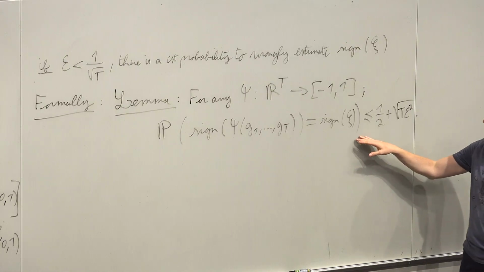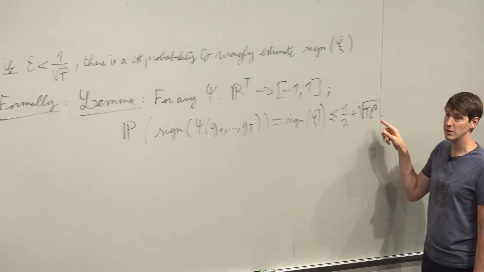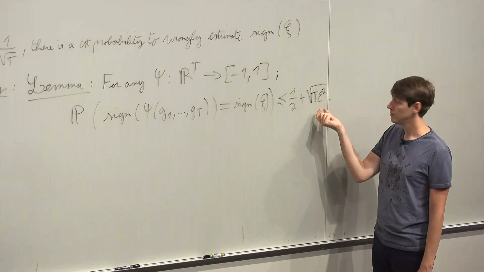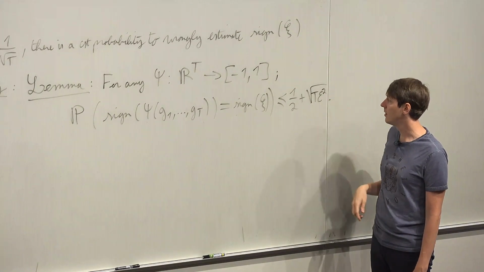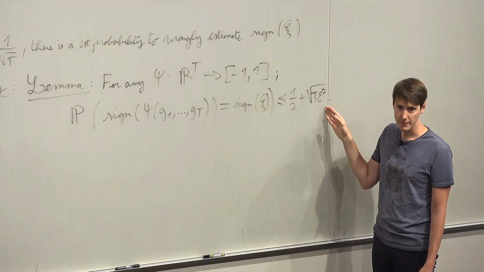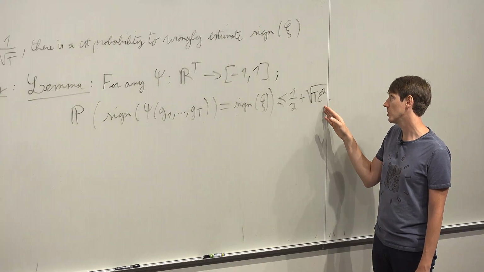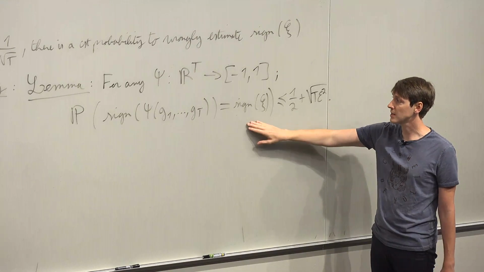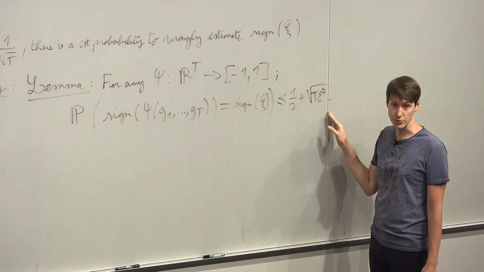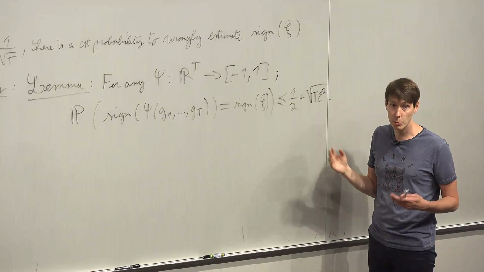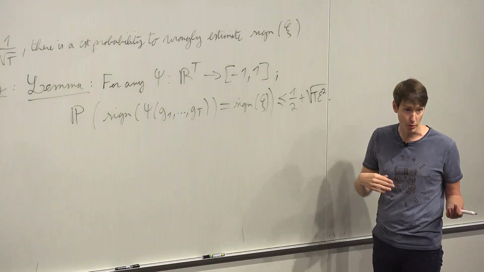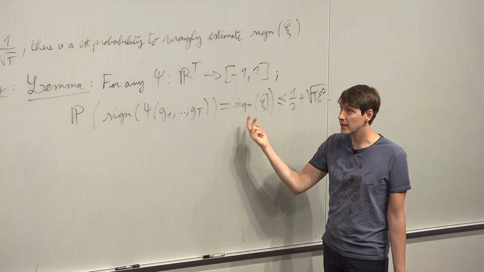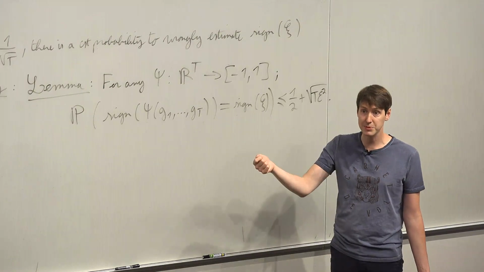So what is this saying? It's saying that if epsilon is very small, smaller than, say, 1/4T, maybe 1/4T is not great, 1/8T or something, then the probability that I'm correct is upper bounded by 3/4. Or put it another way, there is a 1/4 probability that I'm wrong. And if I guess the sign wrong, I pay epsilon.